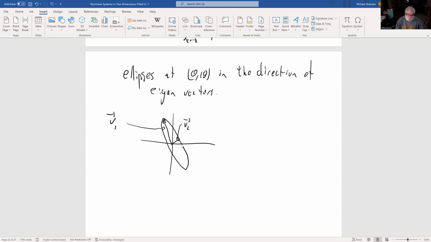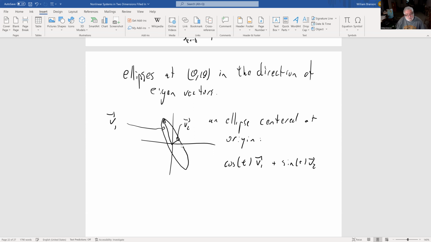So an ellipse centered at the origin would be cosine t times the vector v1 plus sine t times the vector v2.